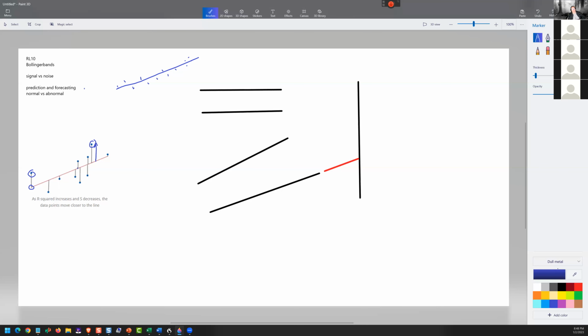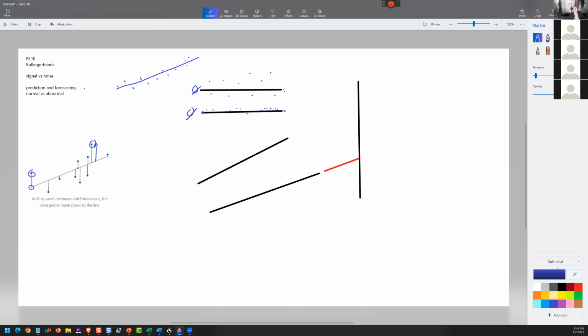So one of the ways that we can then compare lines, all other things being equal, is, let's say I had data that looked like this, and then other data that looked really tight on the line. Now, the regression line on both of those data sets is identical. In this case, it's a slope of 0, meaning that it's flat, that the start point and the end point are about the same.